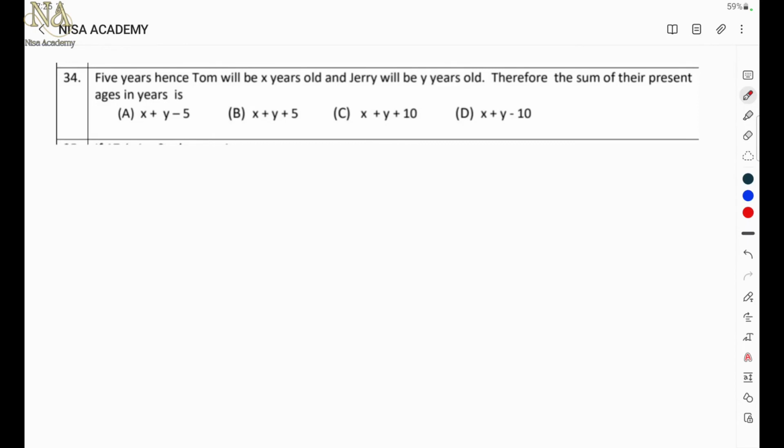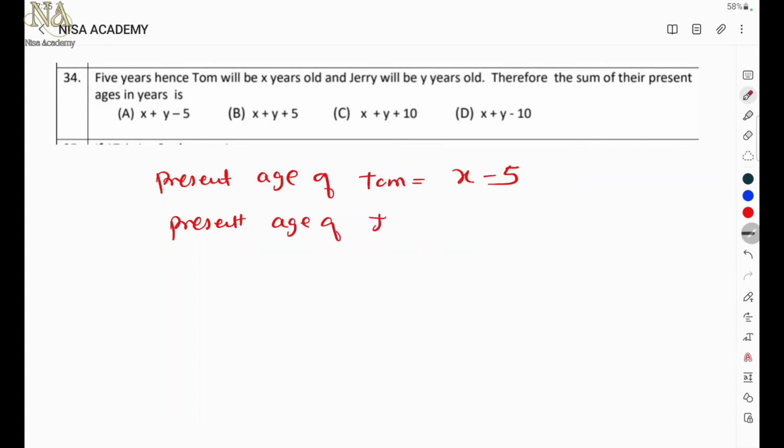Okay, so my present age will be what? 20. So how do I do it? Minus 5, right? So now the present age of both of them will be what? So present age of Tom will be, yes, X minus 5, right? And present age of Jerry will be Y minus 5.